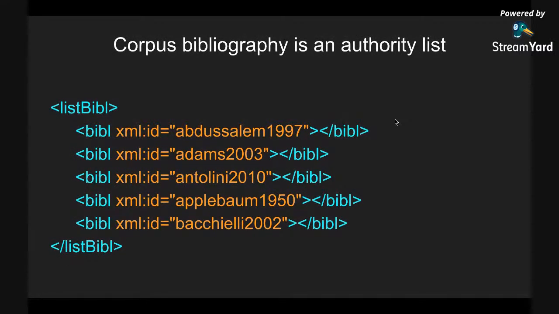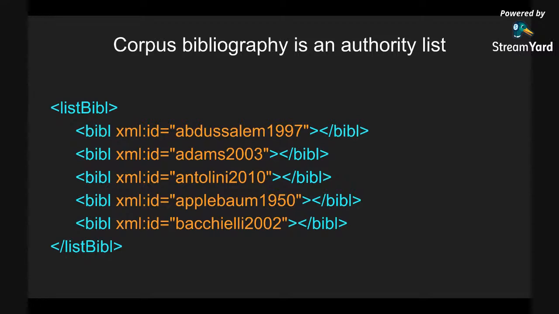The corpus bibliography is effectively an authority list of the kind that we've talked about in previous presentations in this series. In exactly the same way as any other authority list, it is made up of a list, and very often, as you will recall, the element name is list something.